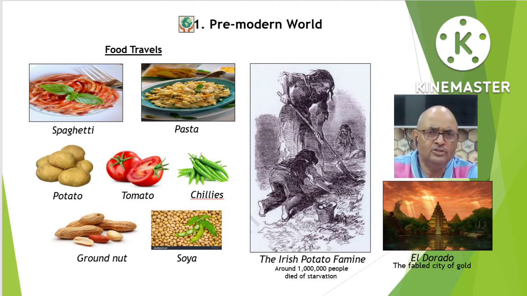Till the 15th century, students, silk routes were the principal route of travel between Asia and Europe or Africa. Two major events happened in this period. First, the European sailors found a sea route to Asia. Second, the European sailors also discovered America.